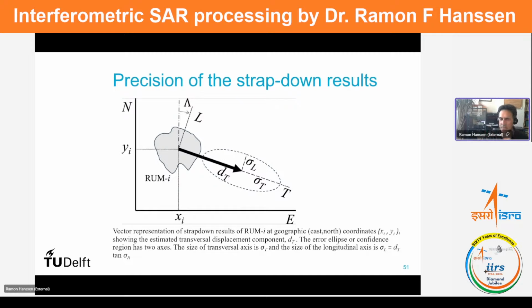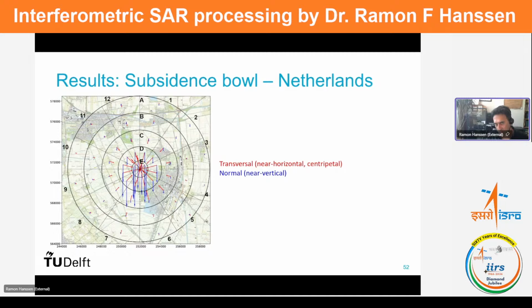So here we actually only estimate the transversal and the normal component. So locally it's two-dimensional. But if we apply this over many areas, it's going to become globally three-dimensional. So we call this 2D local, 3D global. And here you can see what that means.